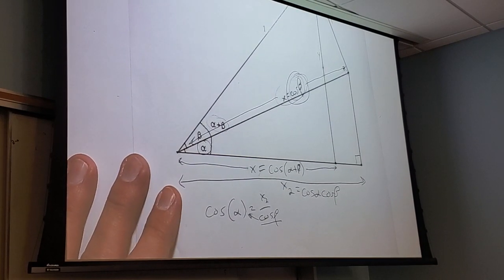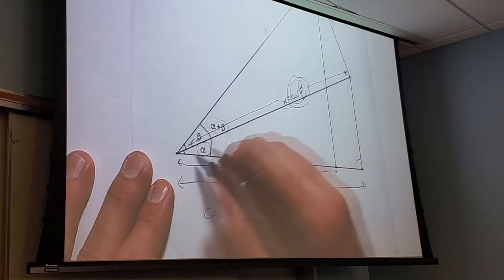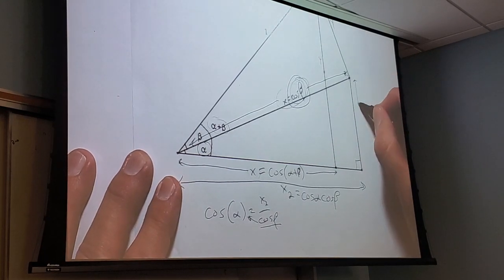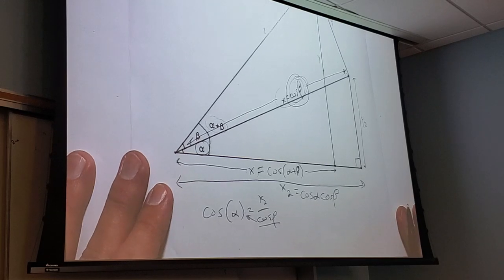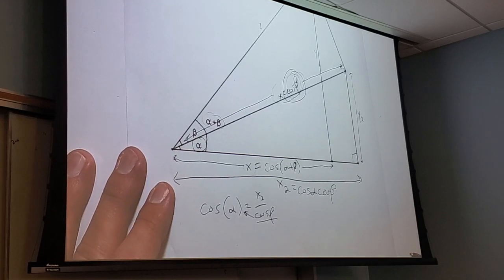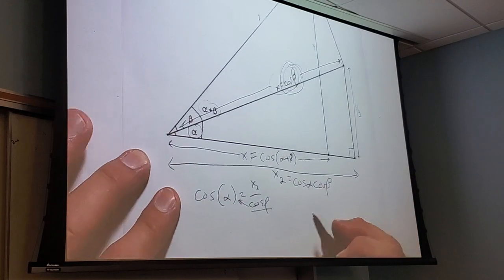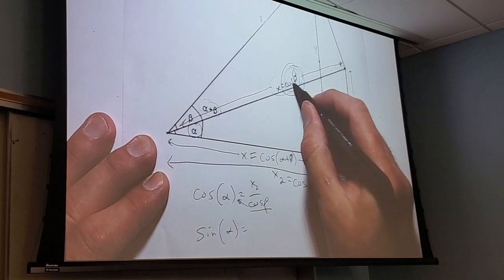Let's see. What about this? We're still talking about the same triangle. Let's call this y2. What's the sine of alpha? It'll be the y side divided by the hypotenuse, y2 over cosine beta.